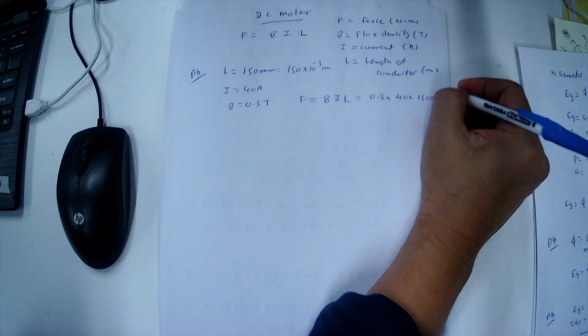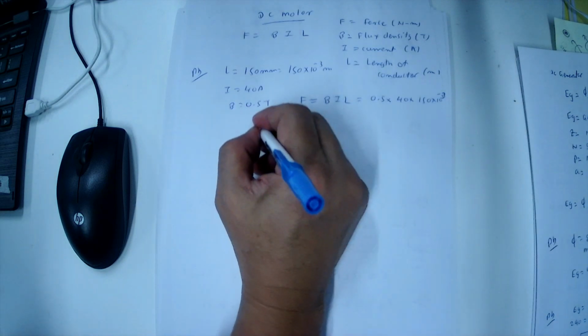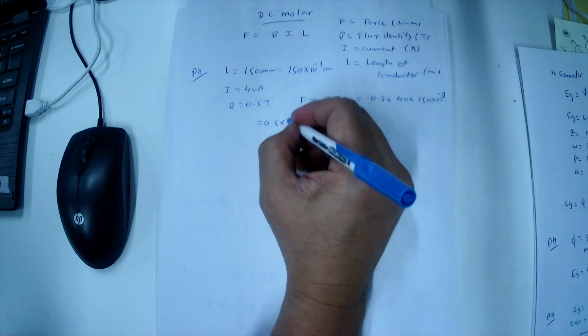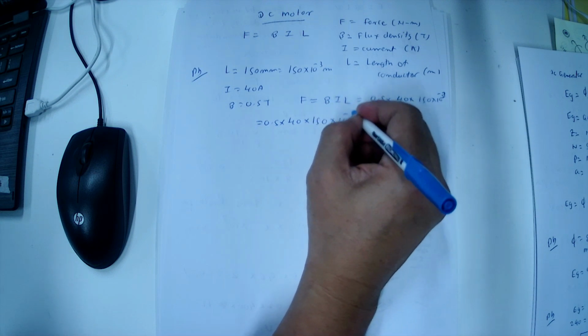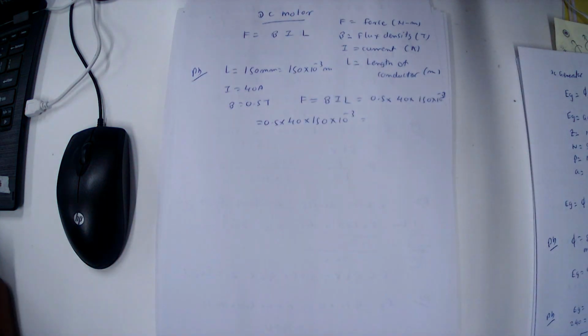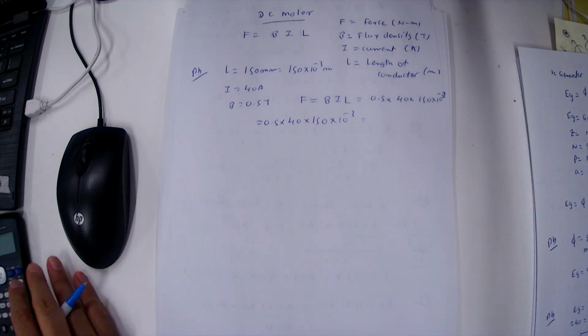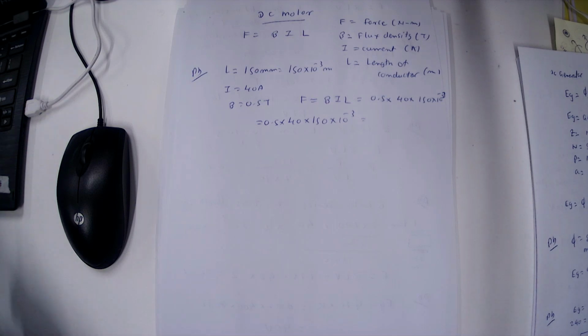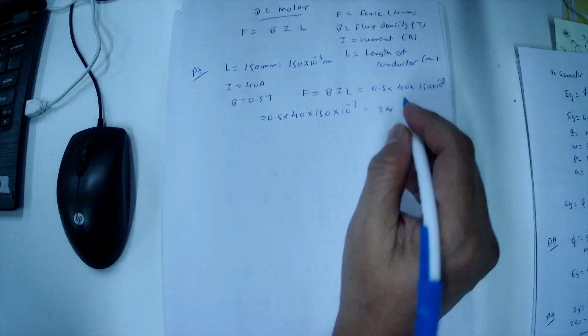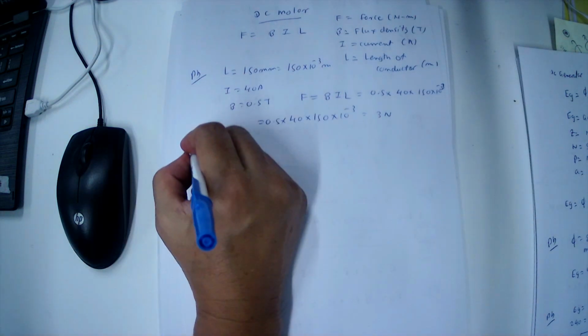So 0.5 multiplied by 40 multiplied by 150 divided by 1000. That will be 3 Newton. The force is 3 Newton.